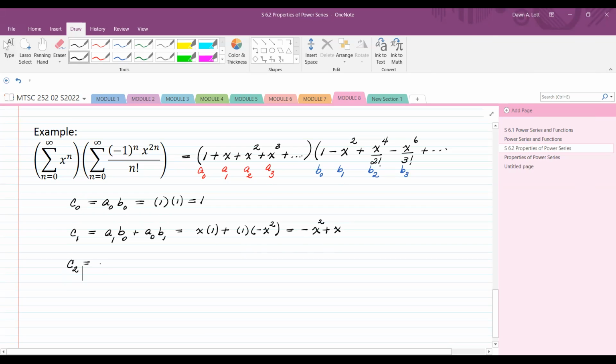C2, A2 B naught plus A1 B1 plus A naught B2. So A2 is x squared times B naught, that's 1, plus A1 is x times B1 is negative x squared, plus A naught is 1, and then B2 is x to the fourth over 2 factorial.